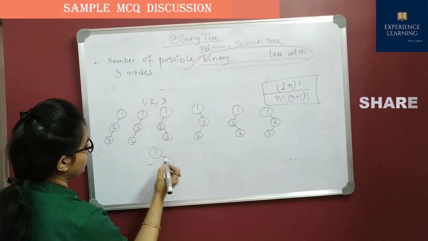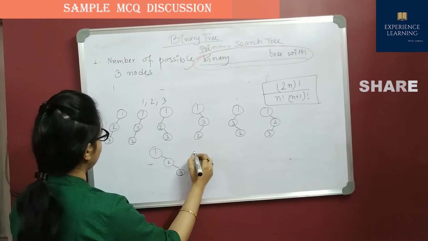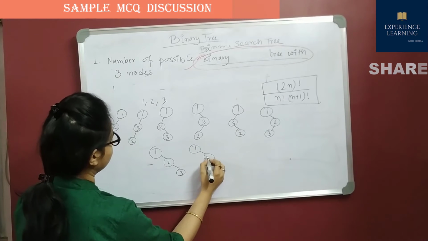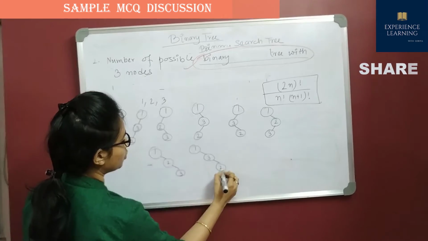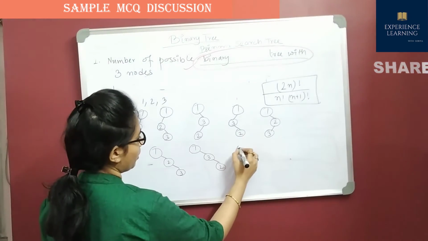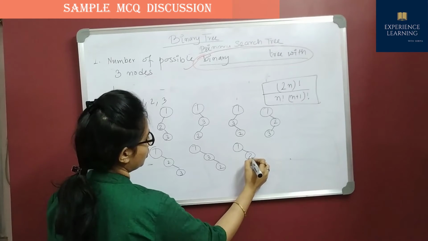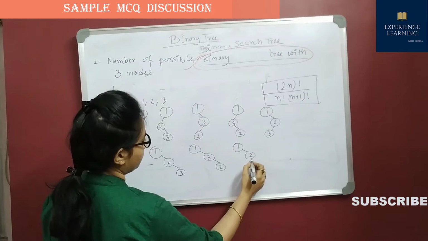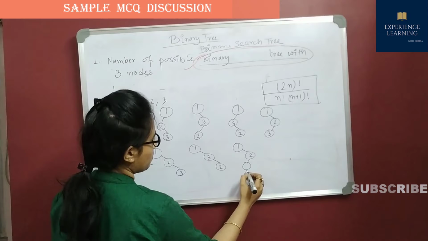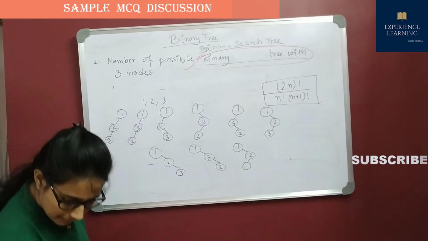Now I am going to write 1, 3, 1, 2, 3, 1, 3, 2, and again it can be written in this way: 1, 2, 1, 2. Sorry, this one is already given. Okay.